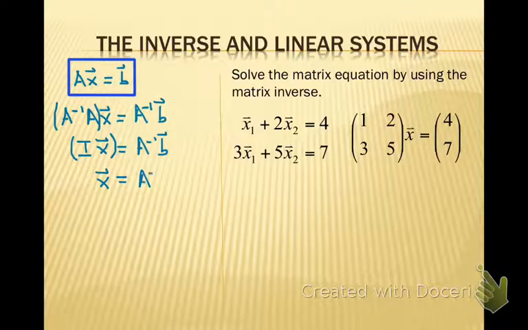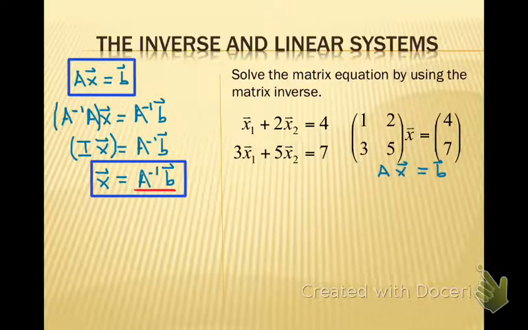So now we have that x is equal to A inverse times B. So therefore, A inverse times B is the solution for the linear system AX equal to B. So to find x, all we need to do is find the inverse and multiply it by the constant vector B.